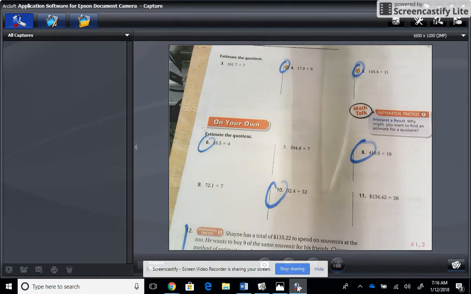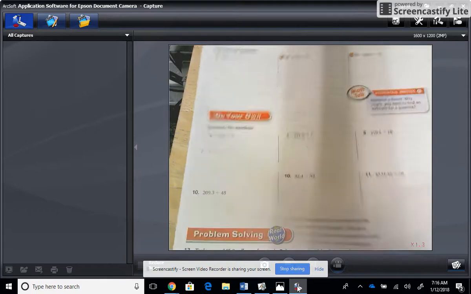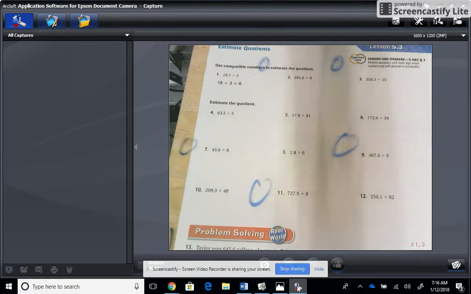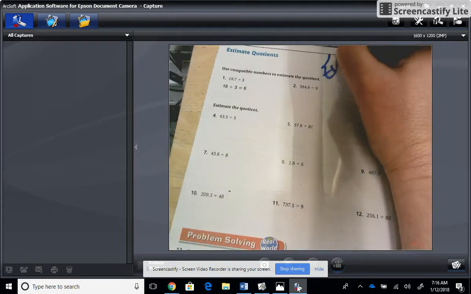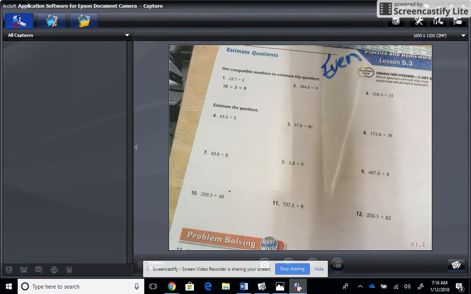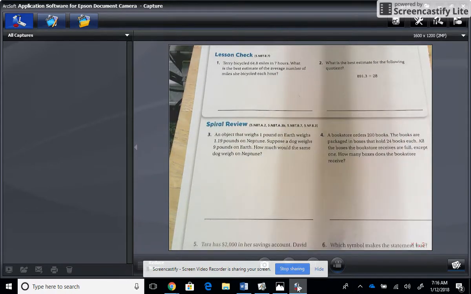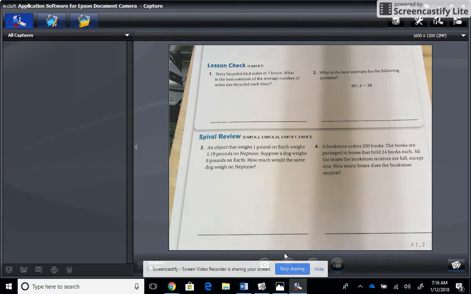Don't worry about these for right now. We will come back to those. This sheet we will come back to. Let's do the evens on here. But we will have already talked to make sure you understand how to do compatible numbers and dividing decimals. On this one, we do 1 or 2 and all of the bottom.